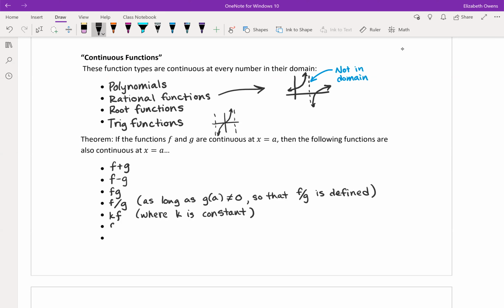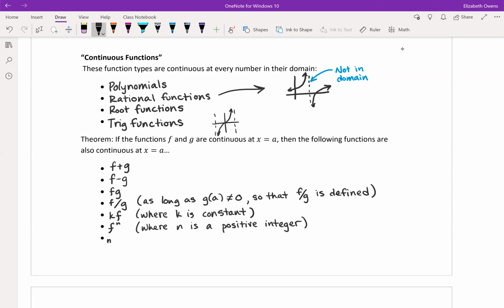And f to the n power, where n is a positive integer, so raising your function to some power there. N is a positive integer. Again, these are like what we saw with the limit laws back in 2.2.